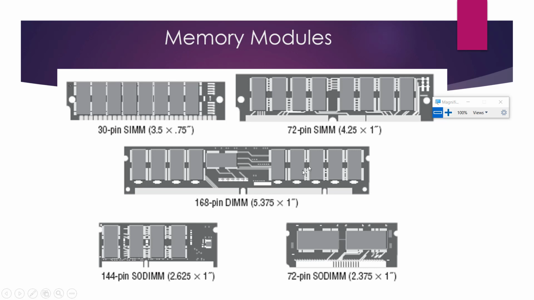So if it's a DIMM, it is for desktop. If it is SODIMM, you can see the size, it's for laptops. We should be very clear on laptop RAM and desktop RAM. Desktop RAM, obviously the size is bigger because the desktop is big, right? Laptops are smaller, hence this RAM has to be smaller as well, right?